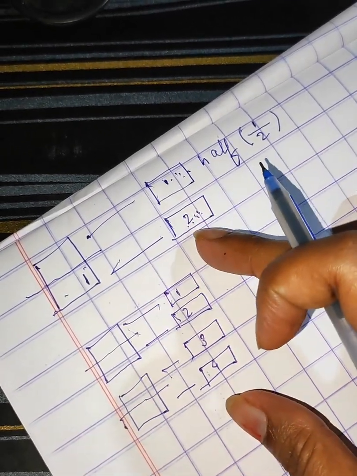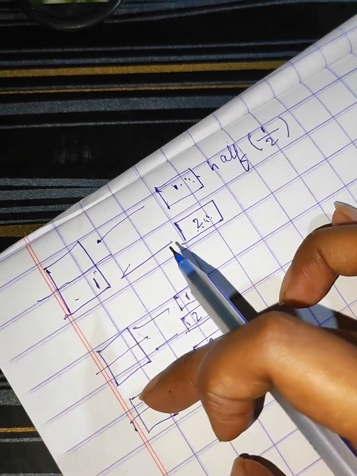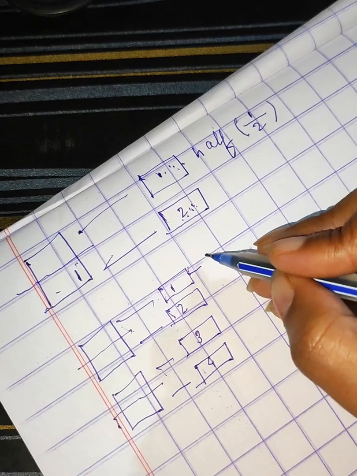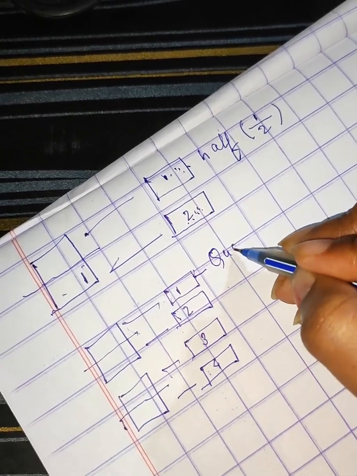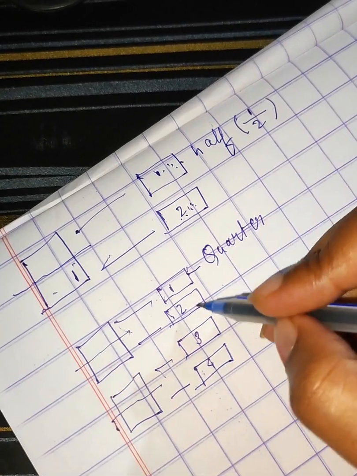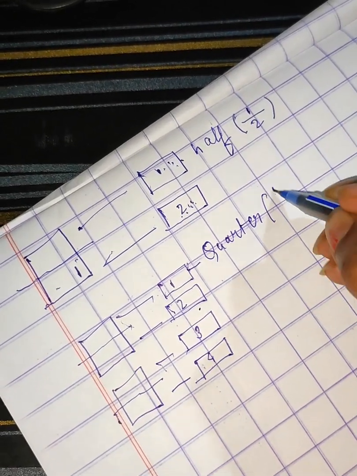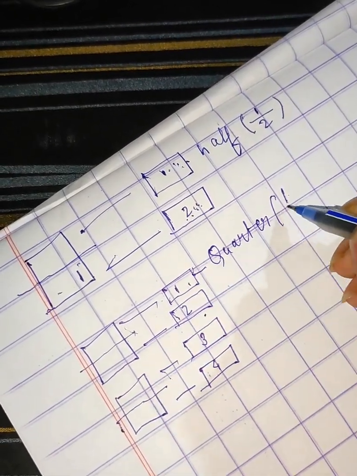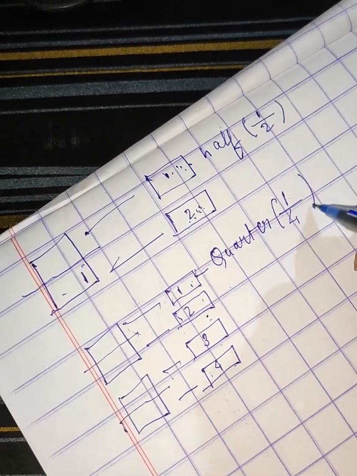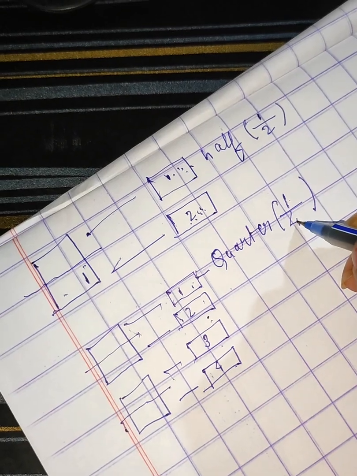These are the 4 parts of these 2 halves. So this is called as quarter. And how do we denote it? We denote it like this: one part out of these 4 parts, that is 1 by 4.